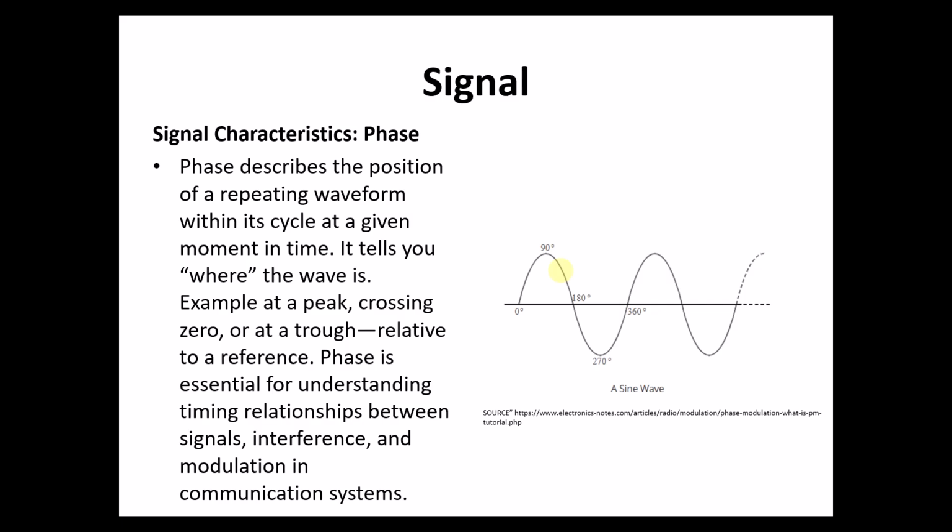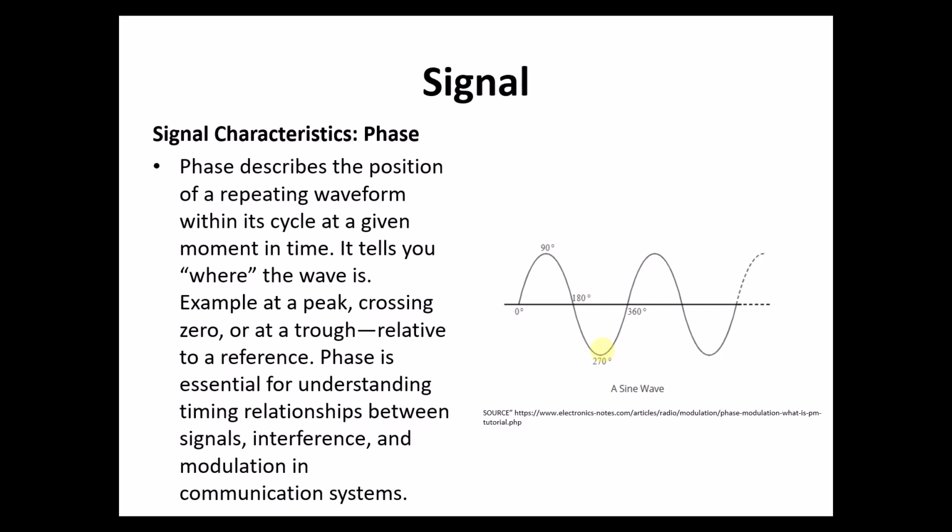For example, at a peak or at a crossing or at a 0. So here is the 0, here is the peak, and then here is the crossing. Or at the trough, here is the trough. The relative reference is this line. And so we can measure the various phases of the signal at a given time.